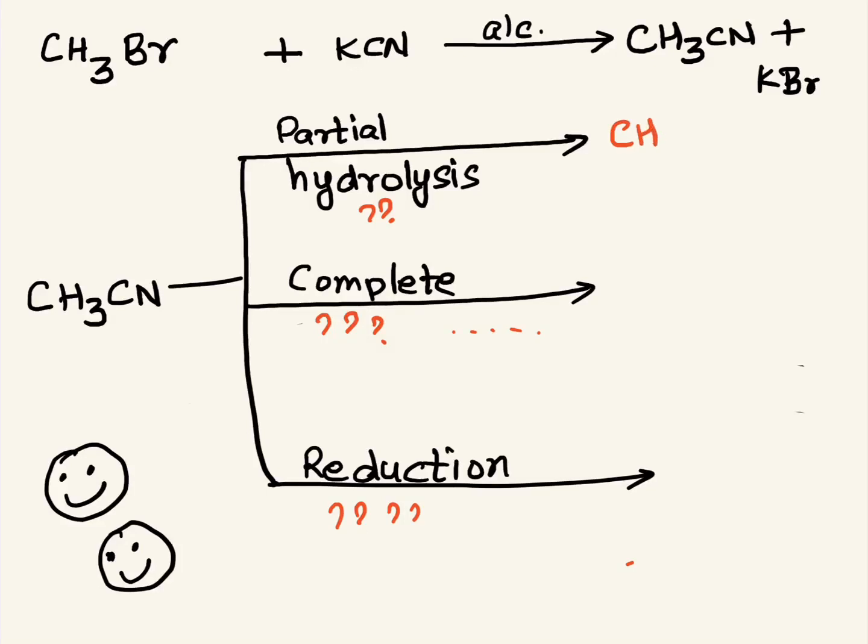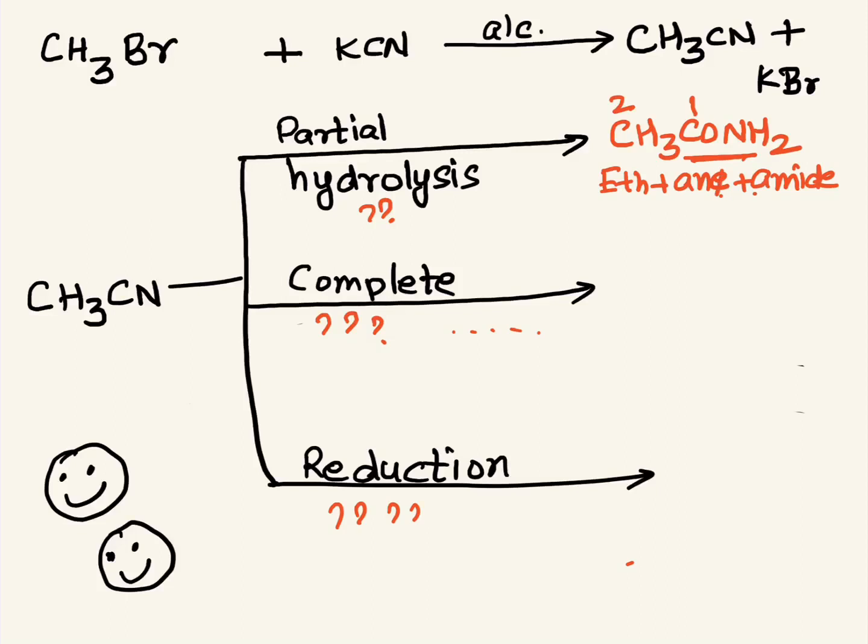So partial hydrolysis, I will have CH3CONH2. Let's go a step further. Can you give the IUPAC name of this compound? Go ahead. There are 2 carbon atoms in it, so eth, it's saturated, so ane, and CONH2, amide, right?